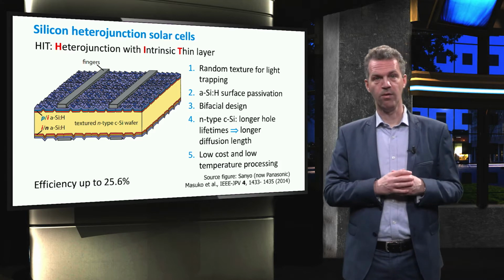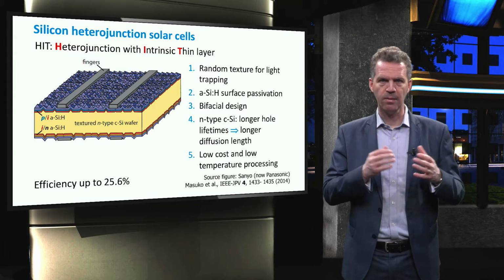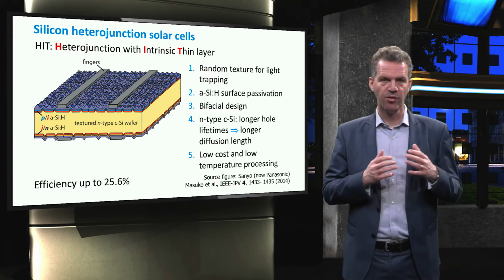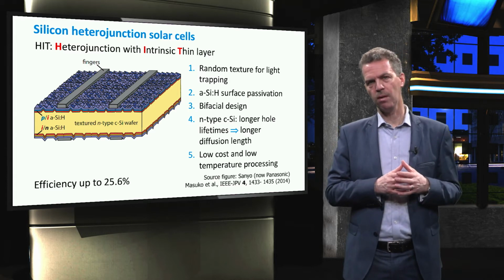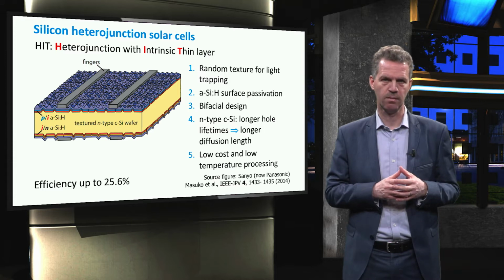This is a major advantage when handling the wafers, which can be made thinner, and it makes the overall production cost of this cell lower. The highest efficiency reported by Panasonic for the HIT cell is 25.6%.